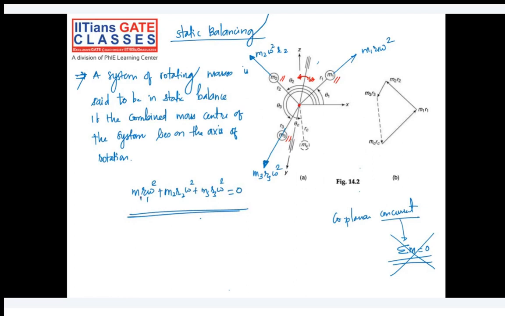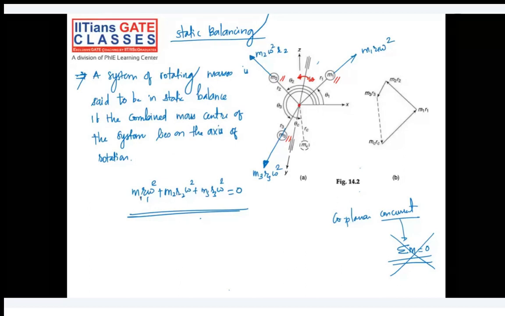Are you following it? So this is a rigid rotor, for example, revolving with a constant angular velocity omega, and the number of masses is 3, and the sum of all the centrifugal forces we are getting is 0, meaning this rotor is already balanced. But what if this sum of all the forces is not equal to 0? Then it is unbalanced.